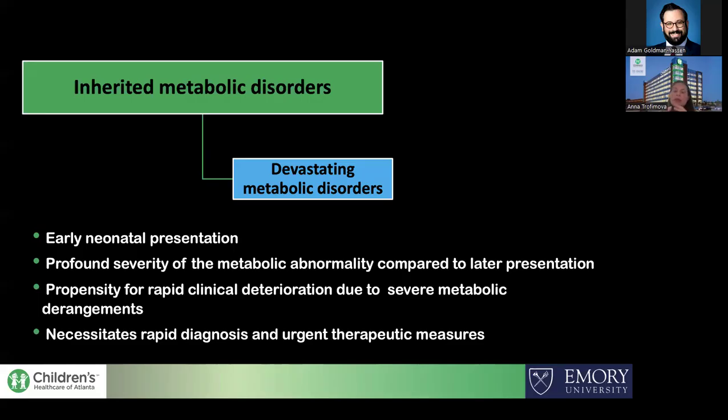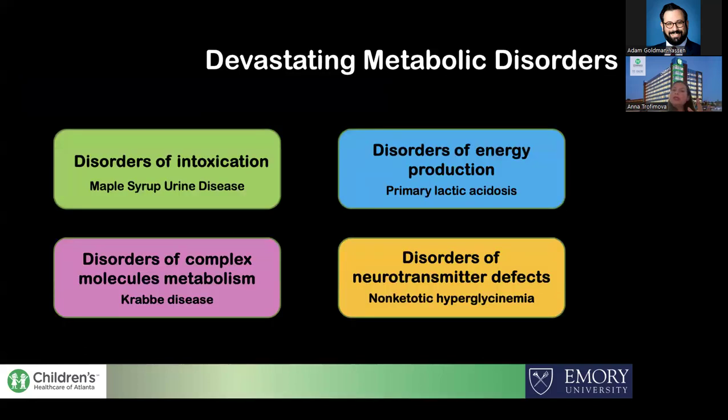They usually have a profound severity of the metabolic abnormality compared to cases with later presentation, and as such can have a very rapid clinical deterioration, meaning that they necessitate very rapid diagnosis and rapid therapeutic measures. Examples of devastating metabolic disorders may include maple syrup urine disease or, for example, non-ketotic hyperglycemia, among others.